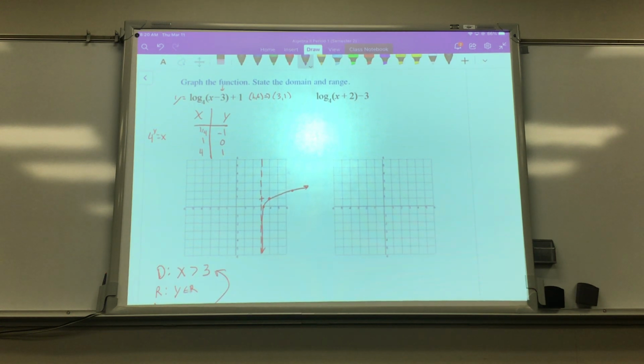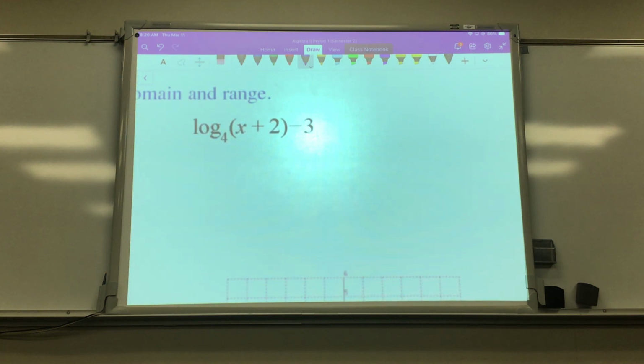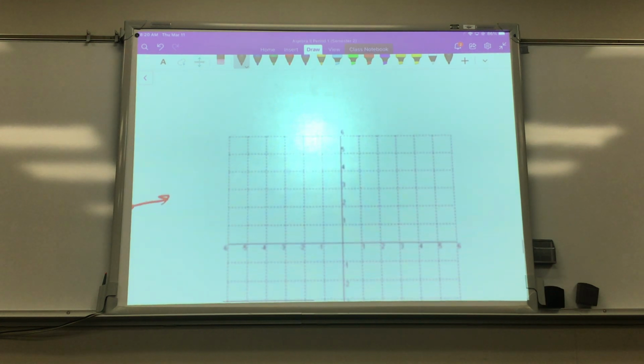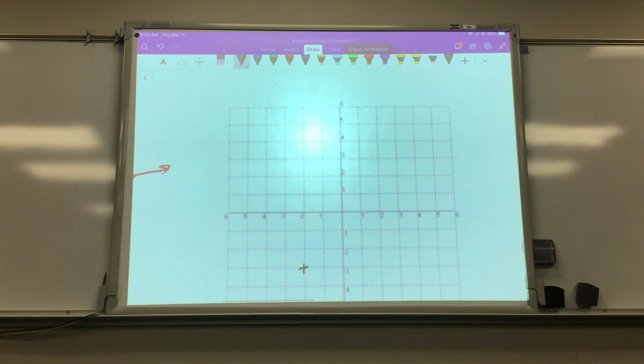Okay, hk. Where's our hk value in this case? -2, -3, good. What type of asymptote do I have in this case?